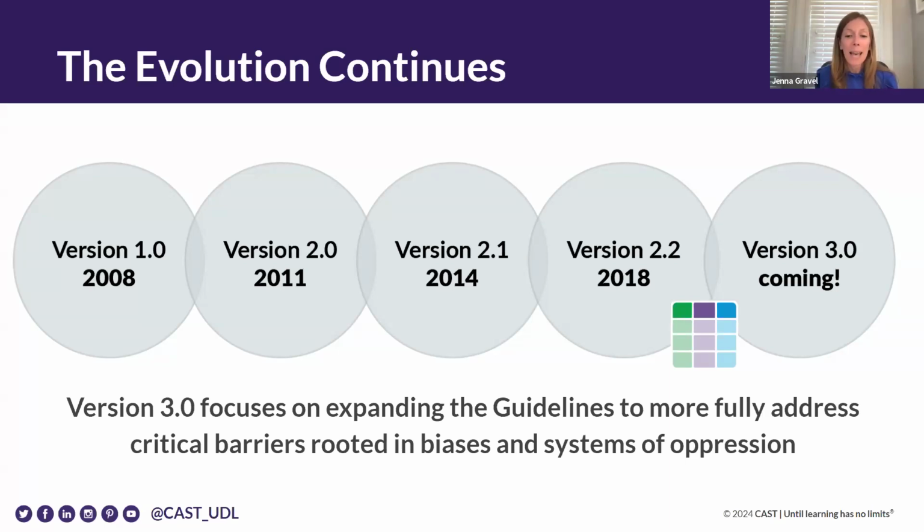And again, this update, we are focusing specifically on expanding the guidelines to more fully address critical barriers rooted in biases and systems of oppression. And we know that we will continue to add circles to this slide. We know that this evolution of the guidelines will continue as we learn from feedback from practitioners and as we stay up to date with the most current research.